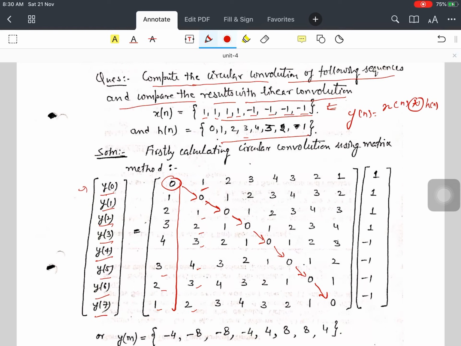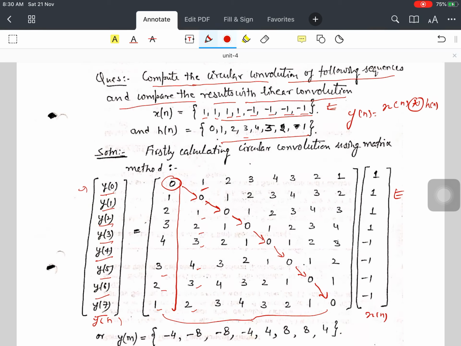Now, you have to multiply with x(n). x(n) is given, so this is x(n), this is y(n), and this is the shifting of h(n). When you do the matrix multiplication, I am not going to discuss it, because you already know how to multiply these two matrices.